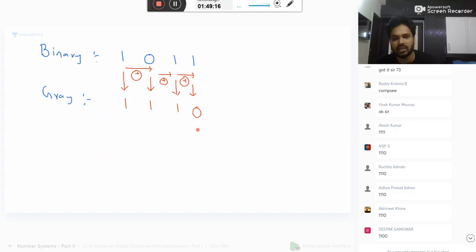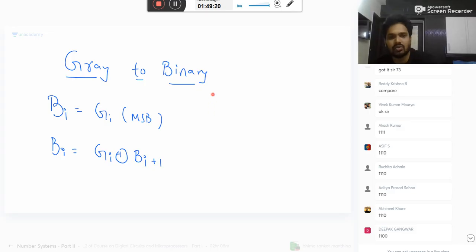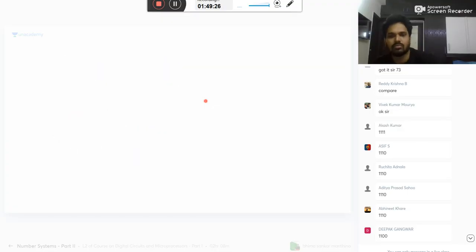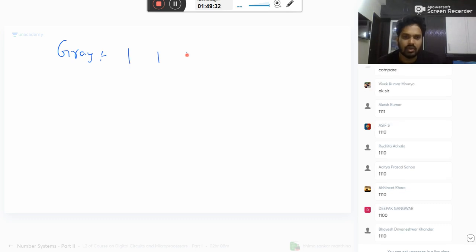Same example, we take the reverse conversion. Suppose you have 1110 as your gray code. How to get the binary number?